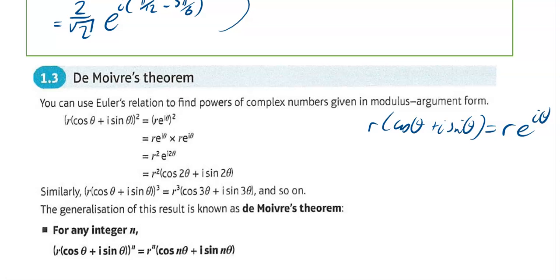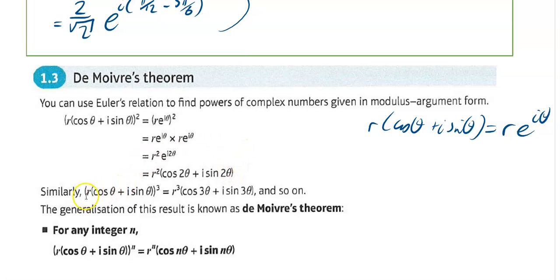Now what we're going to do here is square that. Now if you square it, that would be r(cos theta plus i sine theta) times r(cos theta plus i sine theta). So basically you just multiply the moduluses and you add the arguments. So by the logic from what we've just done, that would then just become r squared, and it would become cos 2 theta plus i sine 2 theta.